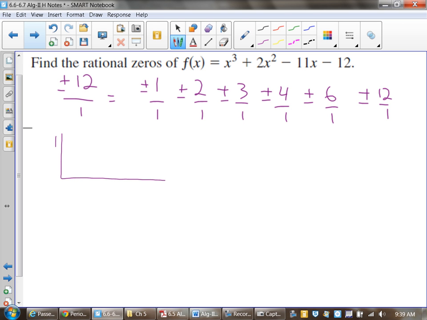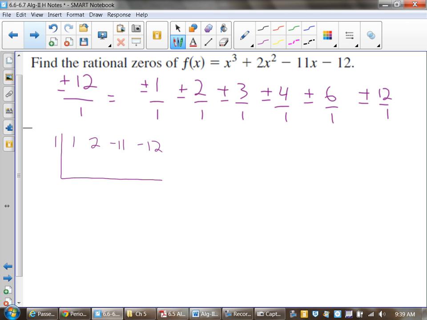Use synthetic division of a 1, 2, negative 11, and negative 12. And you're checking to see if 1 is a 0 for that function. If 1 is a 0 for this function, you're going to get a 0 there. If 1 is not a 0 of the function, you won't get 0 there.